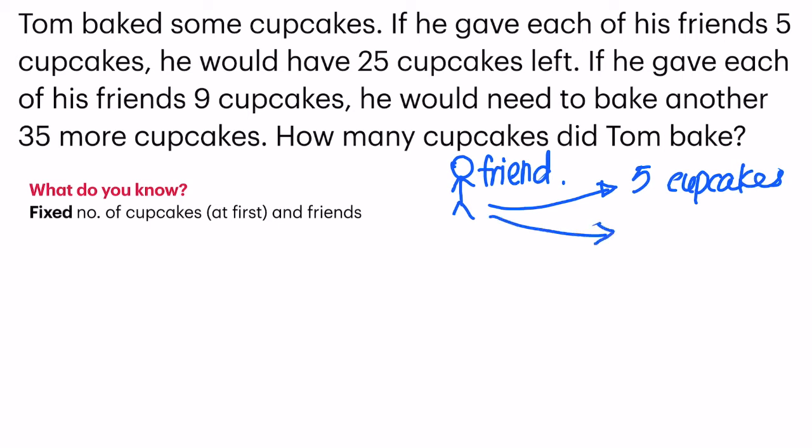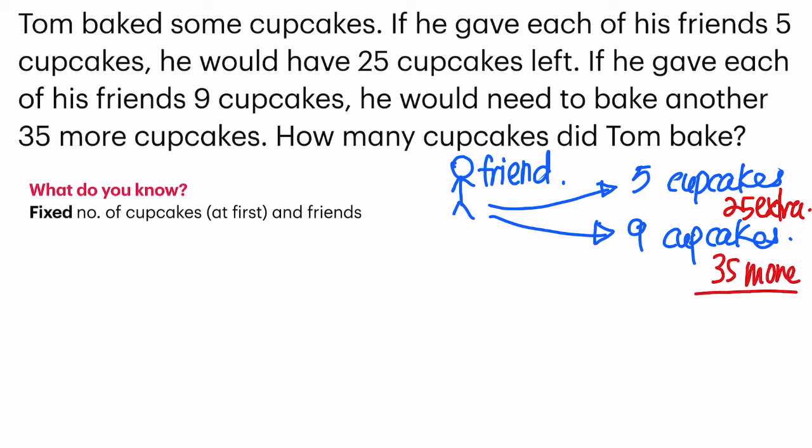The second scenario, each of them received 9 cupcakes. So obviously, the first scenario, Tom would have extra cupcakes, which is 25. The second one, Tom would need 35 more. I hope this is clear for you to see.